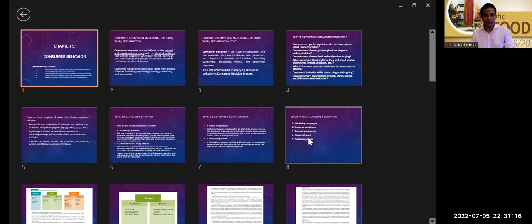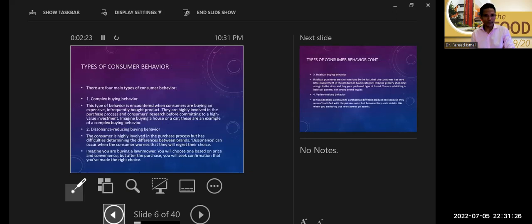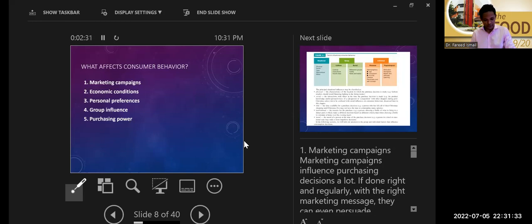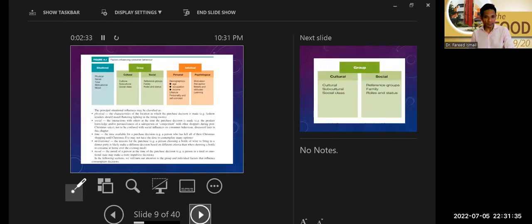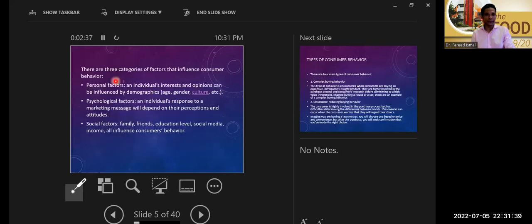In general, there are three categories of factors that influence consumer behavior.